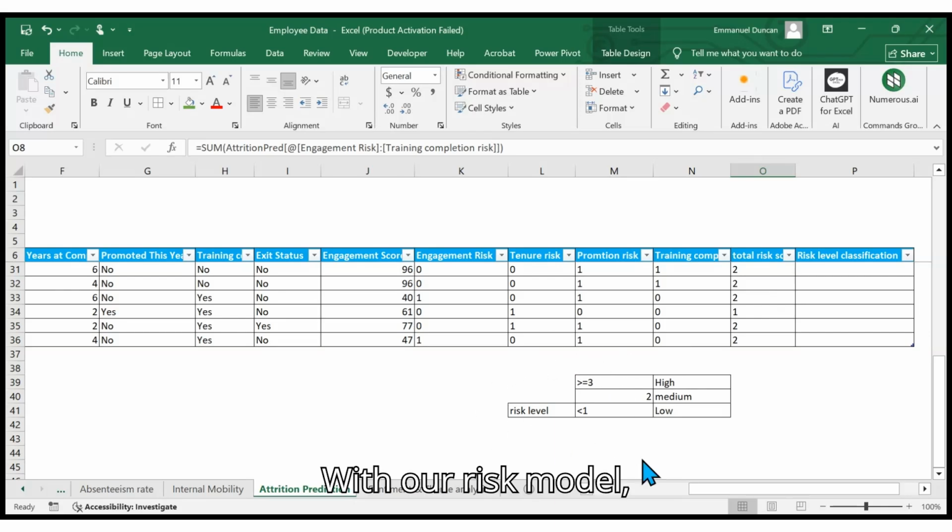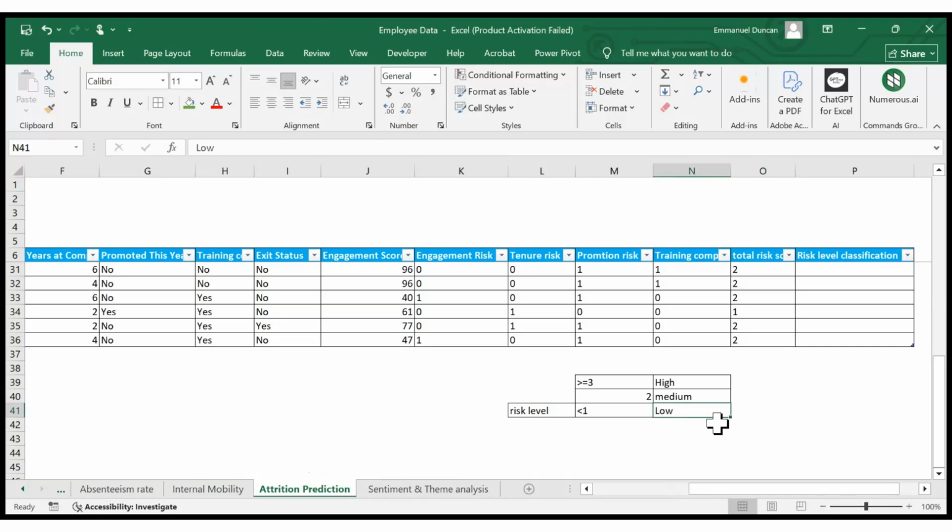With our risk model, all the employees that score a total risk score of less than 1 have a lower possibility of them leaving, and those who score more than 3 have a higher possibility of them leaving.